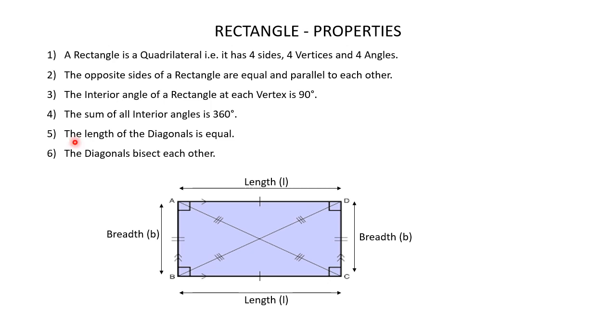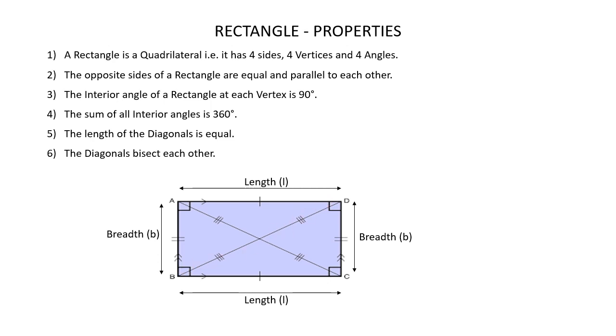The length of the diagonals is equal. The diagonals bisect each other. In this rectangle, AC and DB are the diagonals of the rectangle, and the length of these two diagonals is equal, that is AC is equal to DB.